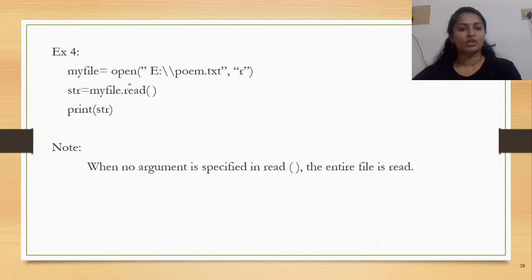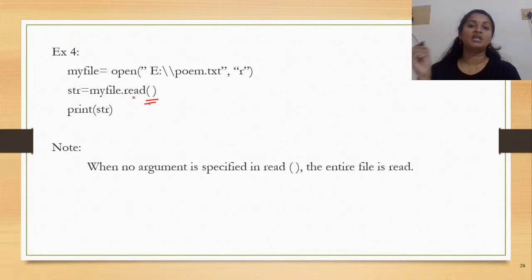So let's move on to the next example here. Now, this is a case in which you are trying to read your entire file in one stretch, not limiting to the number of bytes or the number of characters. So myfile.read, wherein myfile is your handle or the file object, and read is a method which is a component of the file object.